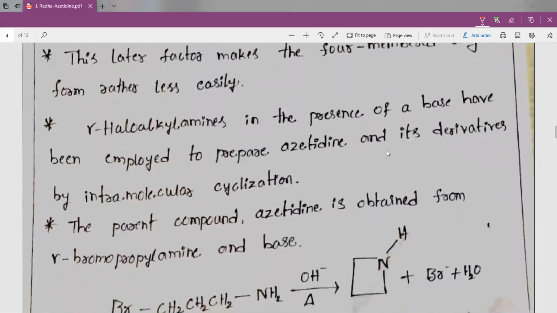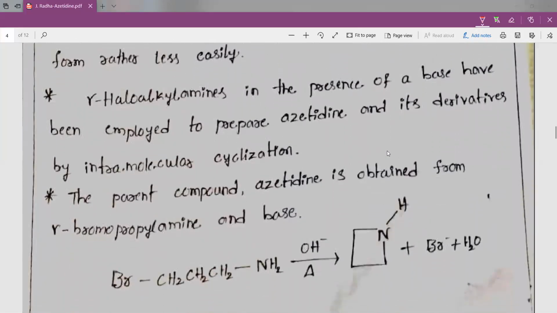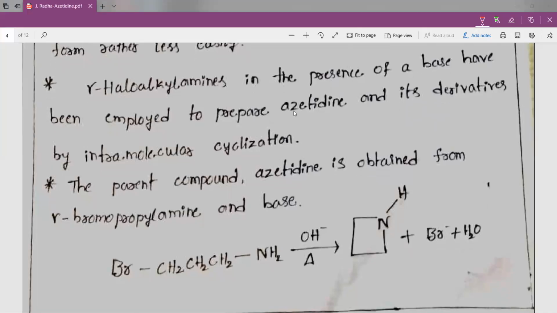Let us see a method for the synthesis of simple azetidine. So gamma halo alkyl amines on treatment with a base give azetidine or its derivatives.